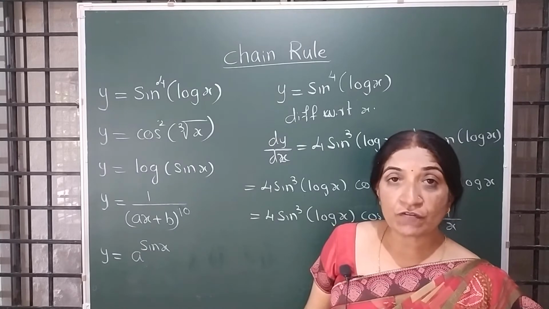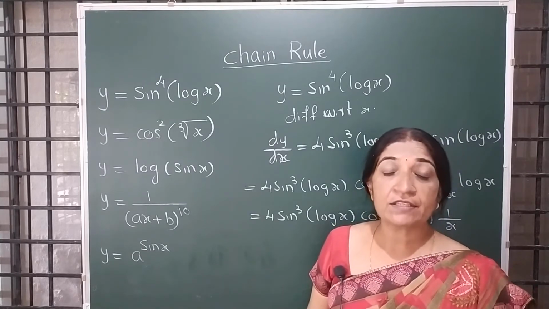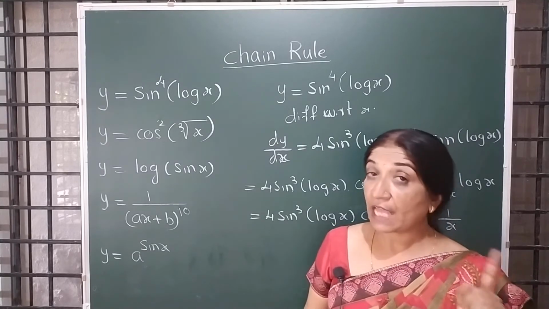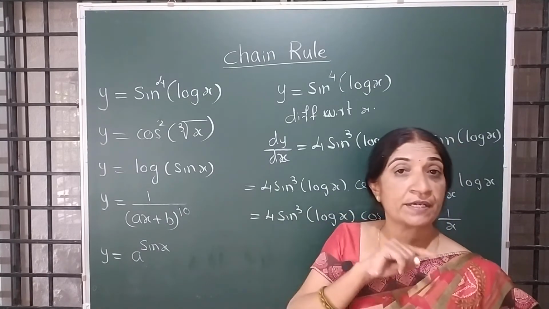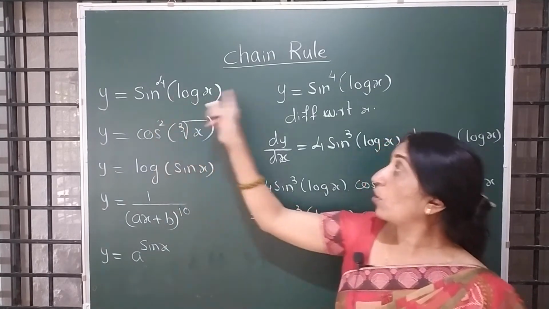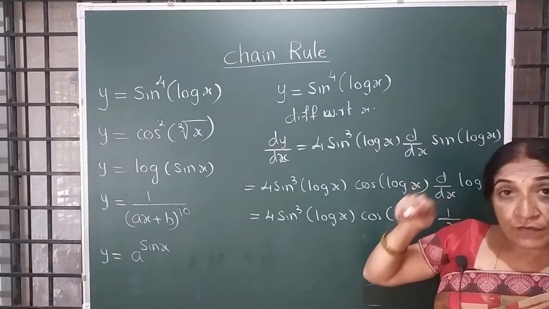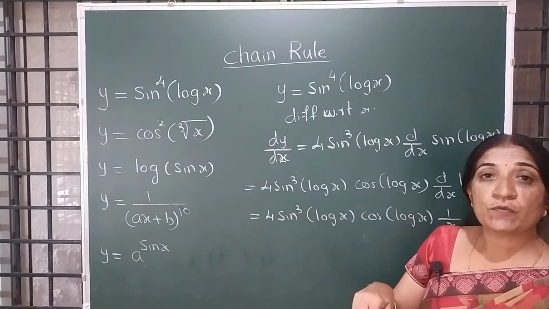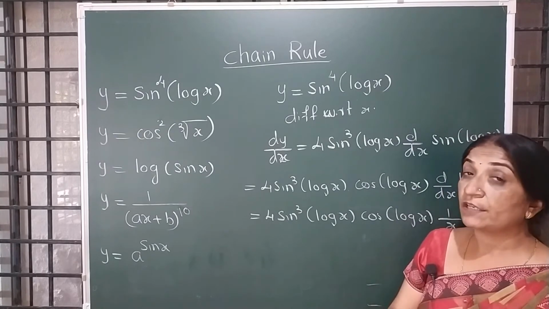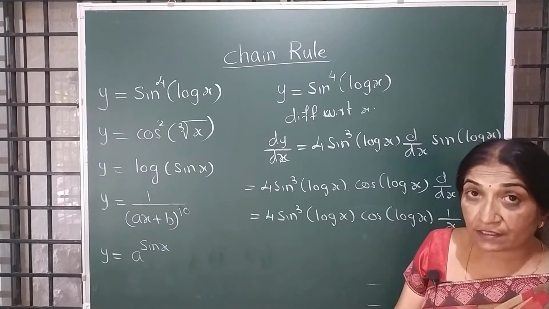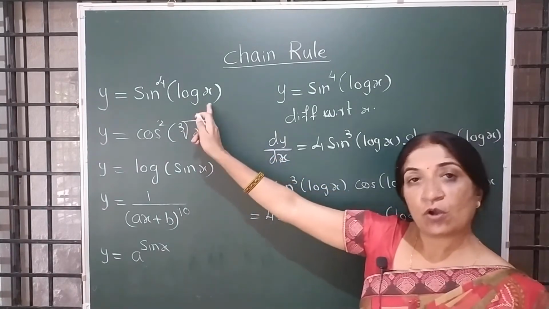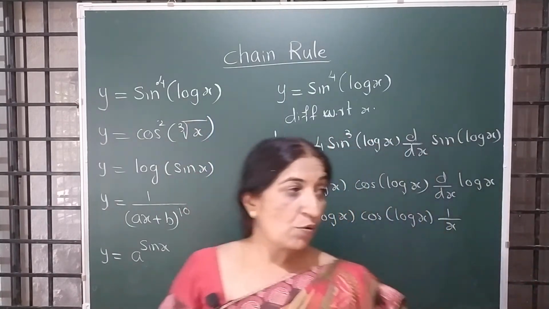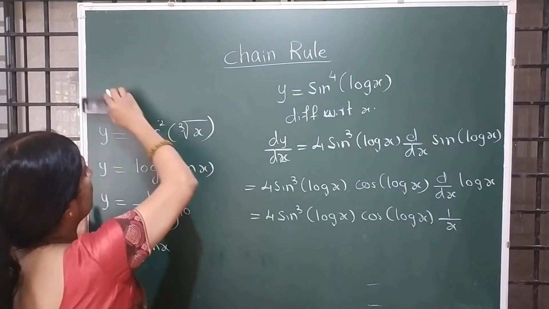After differentiation of power, close that power, and write the trigonometric term with angle, like sin log x. After differentiation of the trigonometric term, in the third step, if the angle is other than x, differentiate that angle. See, here the angle is log x. Understood? Now I am moving to the second example.